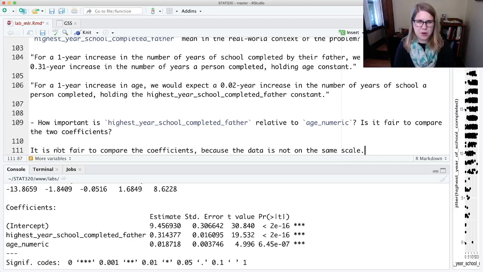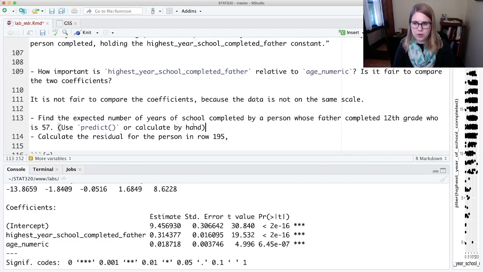You know, age is going from 18 to 89, and highest year school completed by father goes from, I don't know, 5 to 20, something like that. So a 1 year increase is a bigger percentage increase. So we can't compare those coefficients. We just have to say that they both look like they are significant.